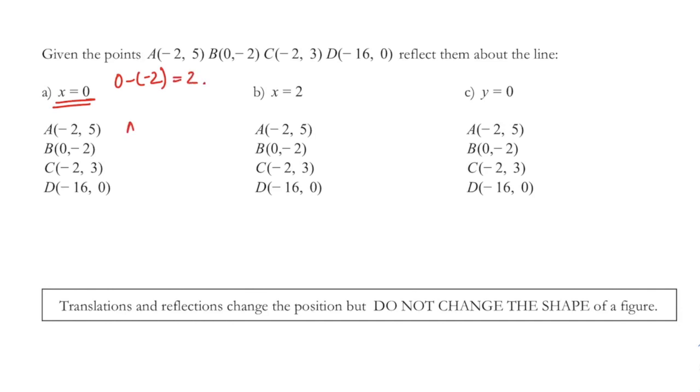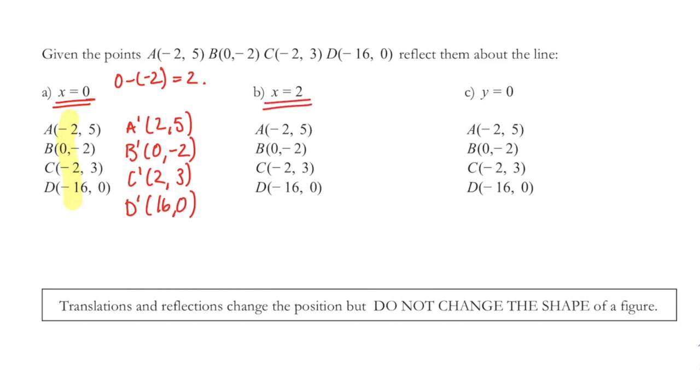So basically, I know in all of these, my y value is going to stay the same, and my x value is the difference between the x coordinates and the line x equals 0. So in this case, I get 0, -2, 2, 3, and 16, 0.